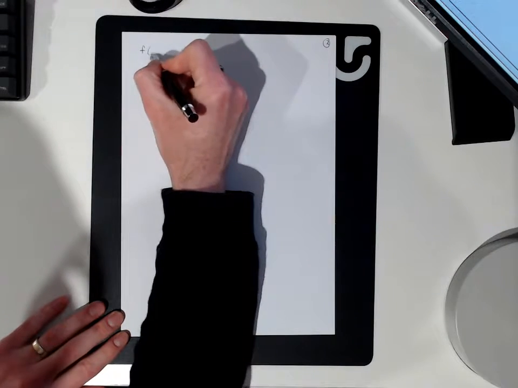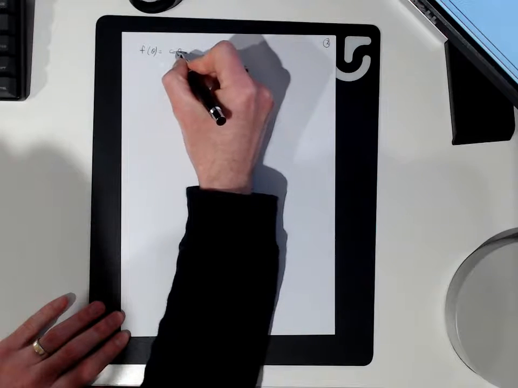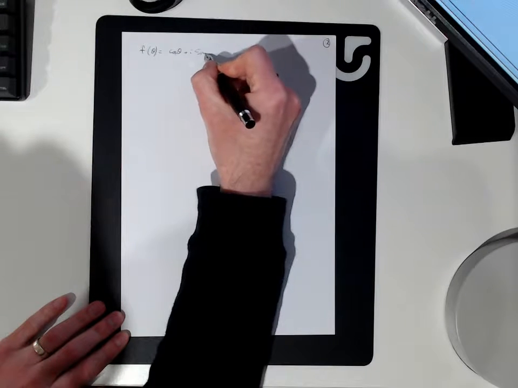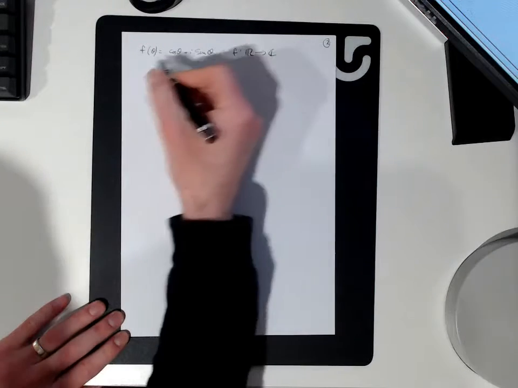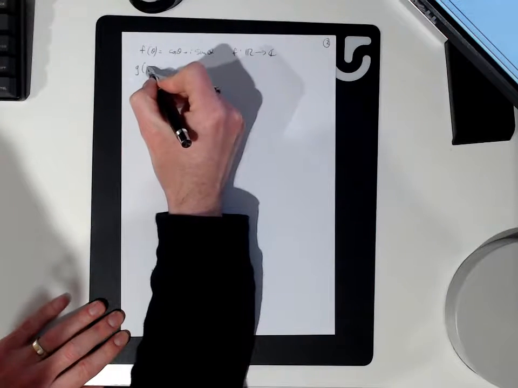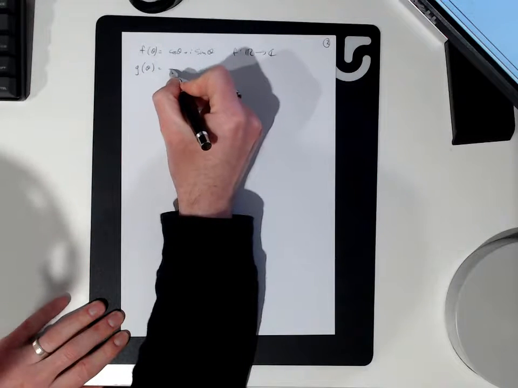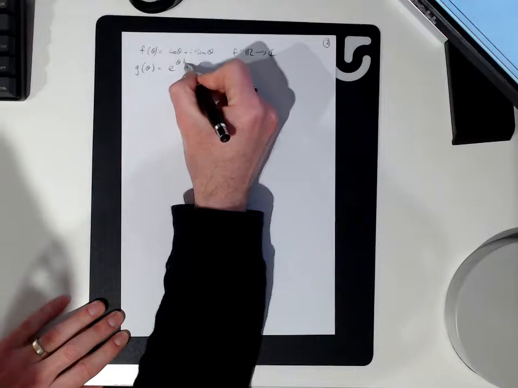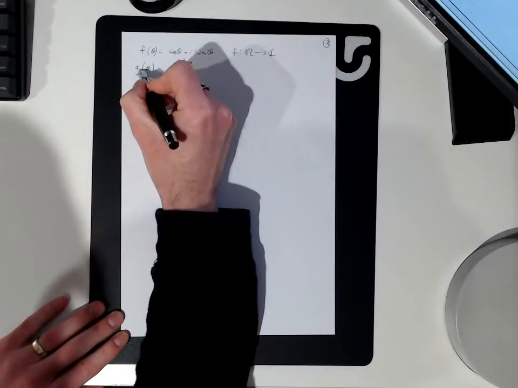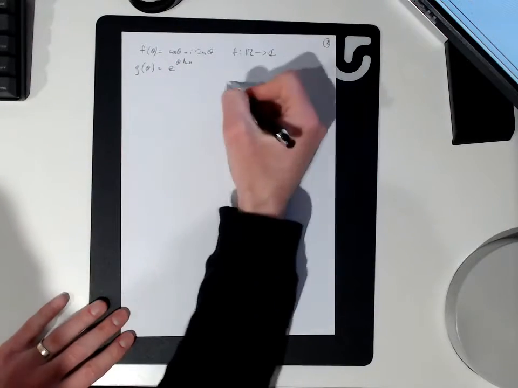We take one function, f of theta equals cos theta plus i sin theta. So f goes from the reals into the complex numbers. I'm going to take a second function, g of theta, which is exp of theta ln x, where x is some unknown, so maybe I could include x in the symbol for g if I wanted to, but anyway.